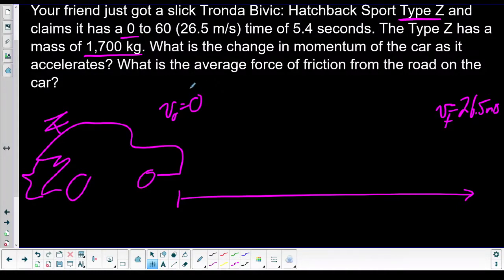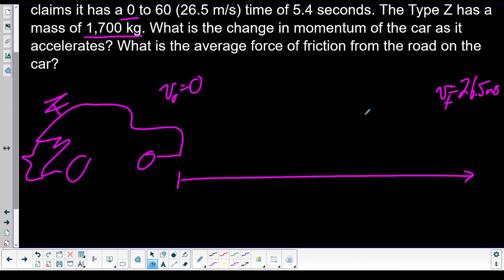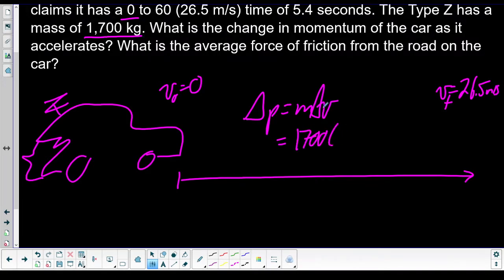And the change in momentum that we're looking for here is just going to be mass times change in velocity. So to find our change in momentum, it's going to be our mass of 1,700 kilograms. Change in velocity is final minus initial, so 26.5.